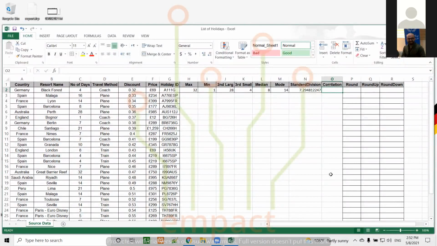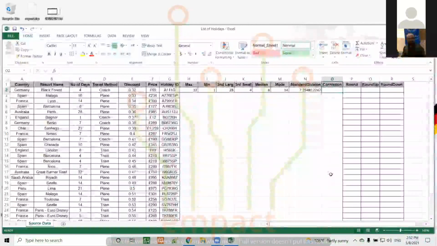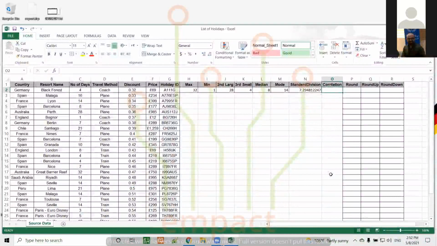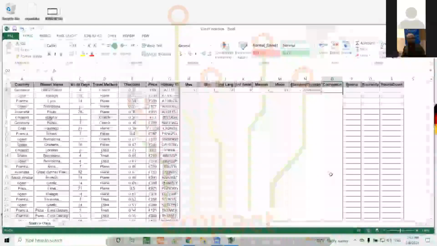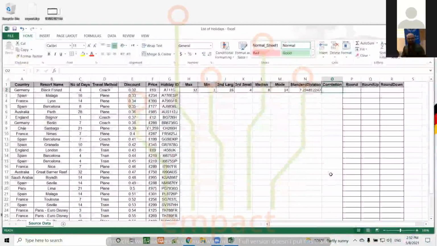So for sure, in each survey and each research, there is some sort of error that can be found within the correlation. So how do we use the correlation? We said that we have two ranges of data.